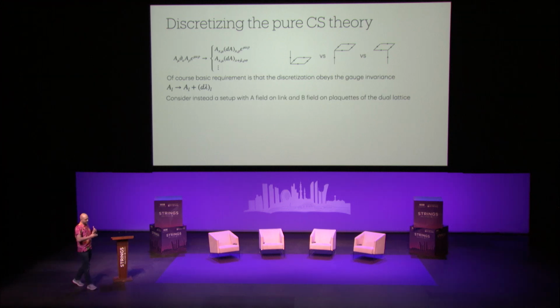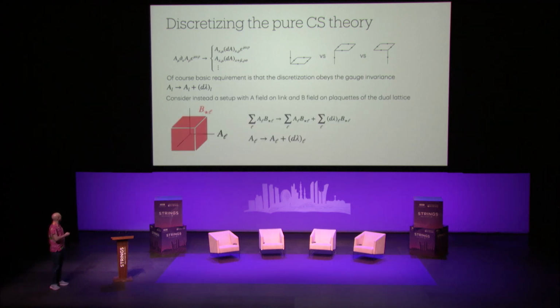To motivate how one can construct gauge invariant actions, imagine that for the moment we have an A field, which is some kind of field on links of the original lattice, and B fields now live on plaquettes of the dual lattice. Then there's a natural product between these two objects by the intersection, right?